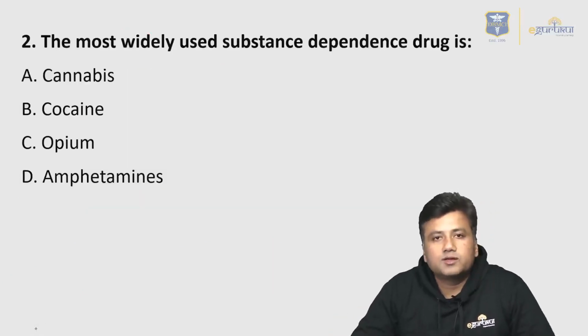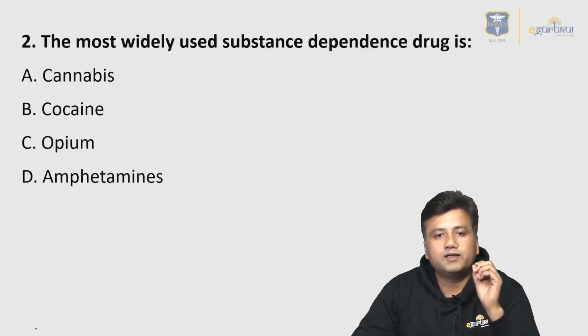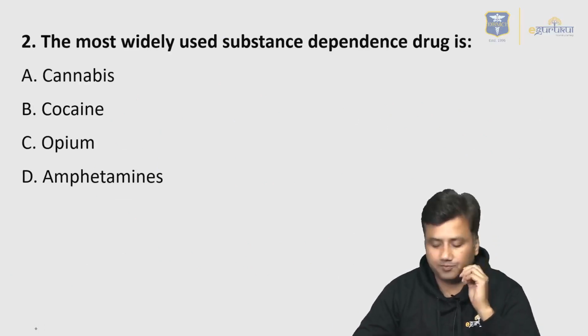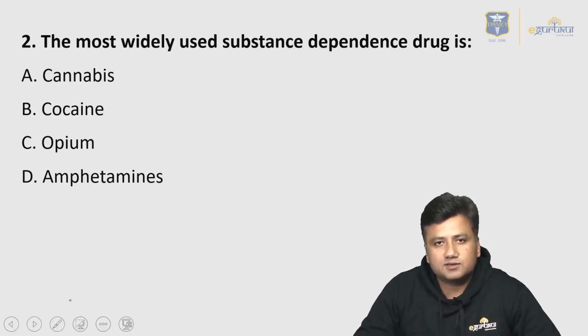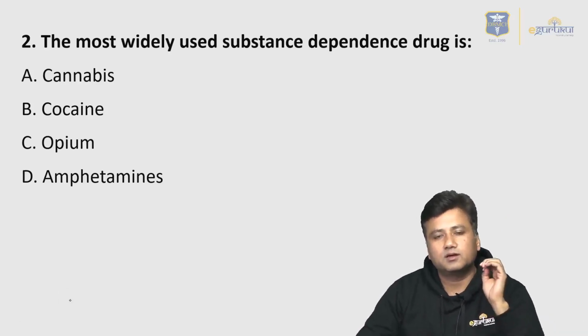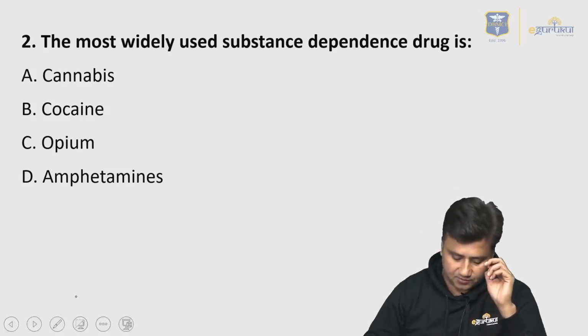Let's move to our next question, question number 2: the most widely used substance dependence drug is. Before answering the question, the answer is very easy out of the given choices, but let's talk a little about substance dependence.